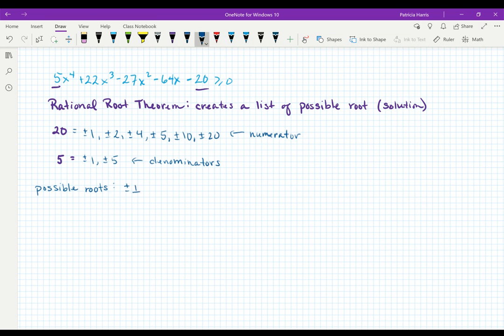So plus or minus 1 divided by 1, plus or minus 2 over 1, 4 over 1, 5 over 1, 10 over 1, 20 over 1. Notice I'm using positive and negative. Then I make a second list with the second denominator. So this list is going to look like this.